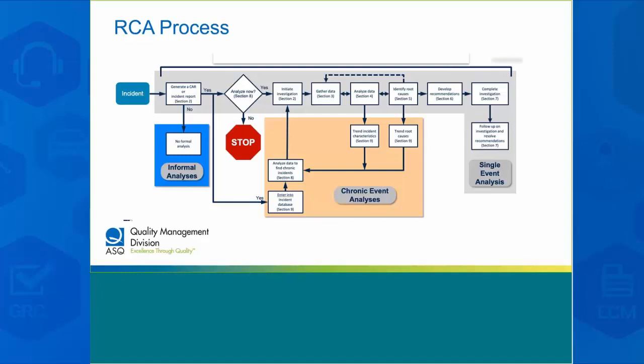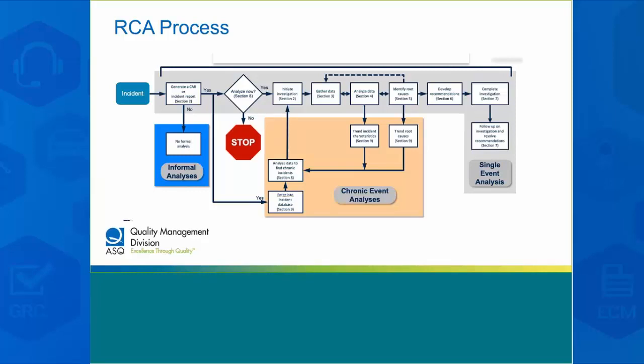As a result of that, we're going to generate a corrective action request or some type of incident report. There might be no need for any formal analysis. We might decide that this is a slip, a trip, a fall, and it's better taken care of by the industrial safety process. And that's where we would go from there.